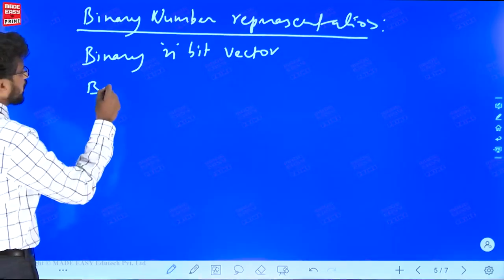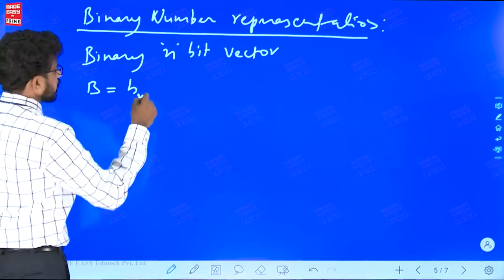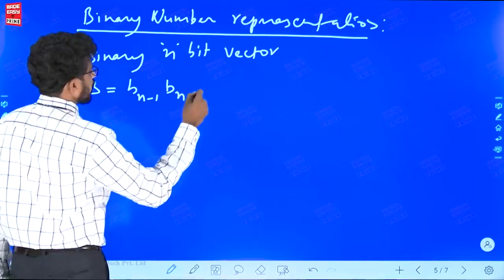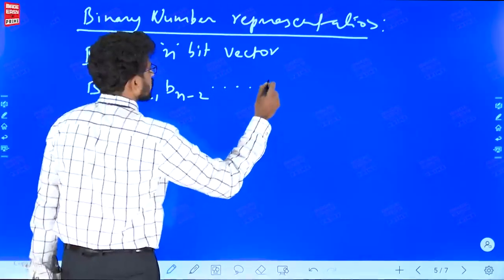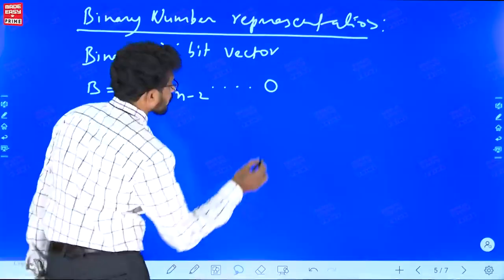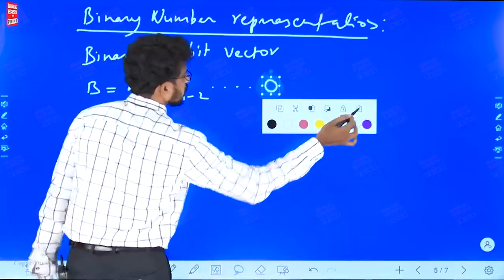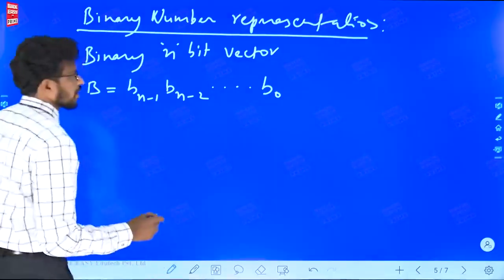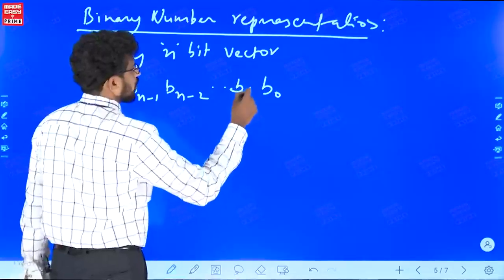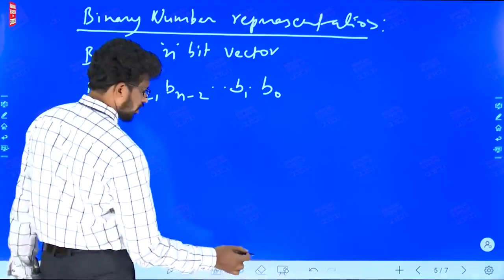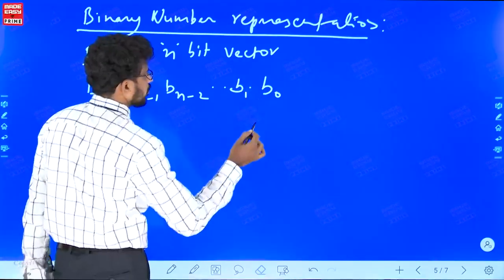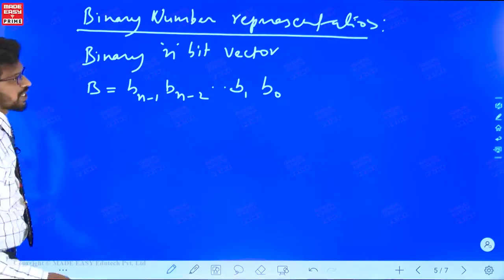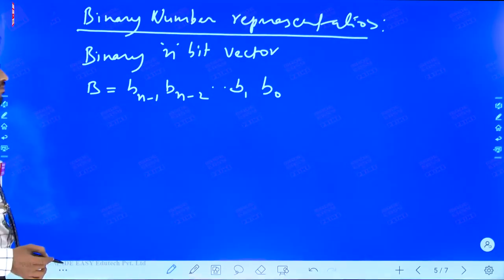Say it is some B. B is written as b(n-1), b(n-2), and so on, till b0. So this is b0, b1 and so on. Okay, fine. This is how we can represent the binary data.